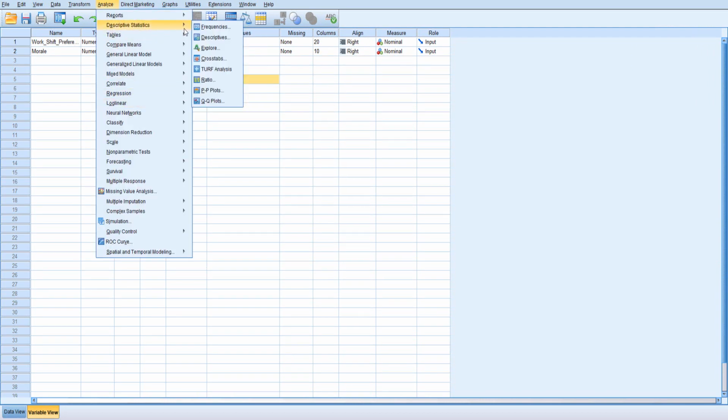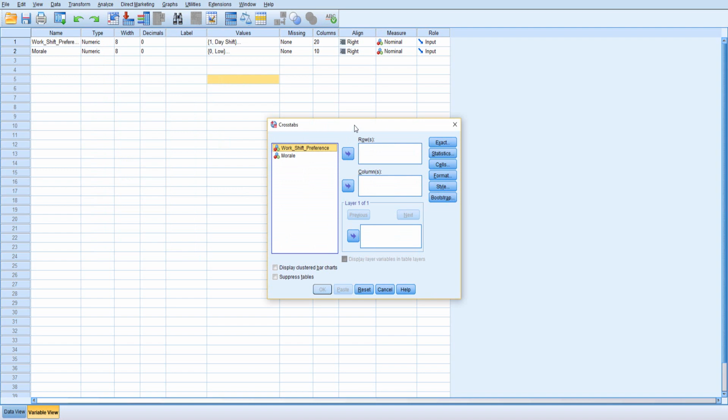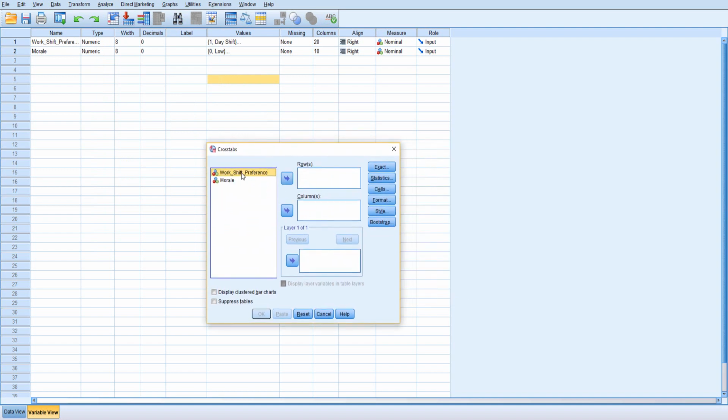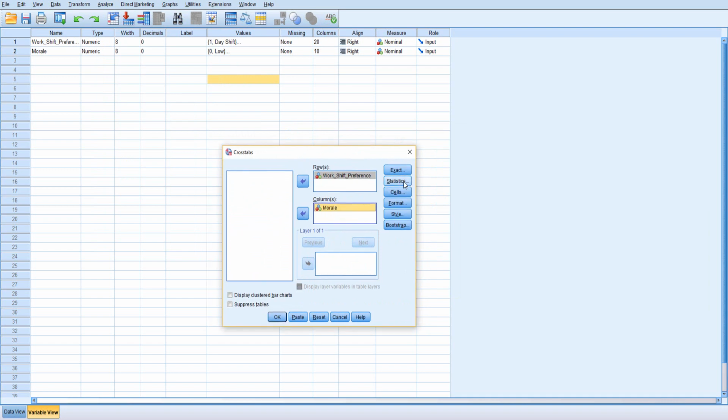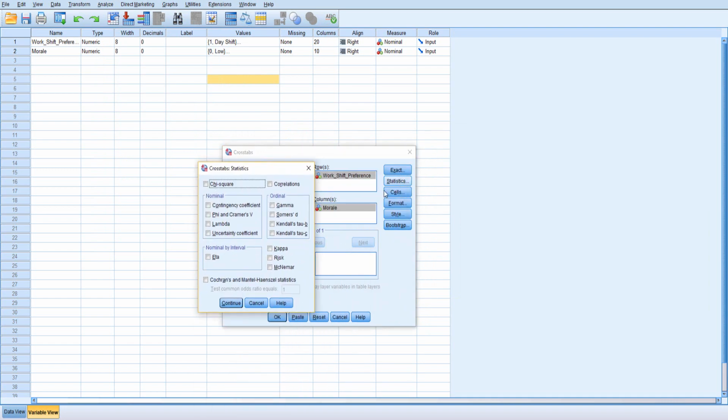Analyze, descriptive, cross tab. Actually it doesn't matter wherever you want to put them. Okay, let's go to statistics, ChiSquare and Phi and Cramer's V. These are used for reporting the effect size.